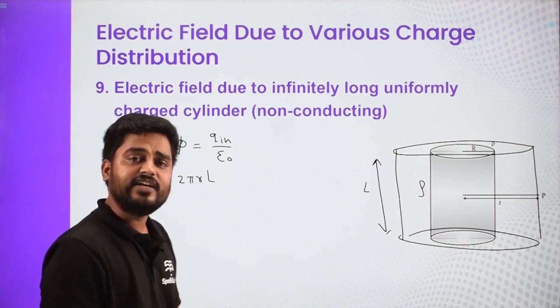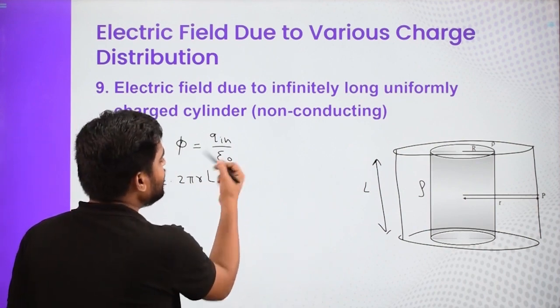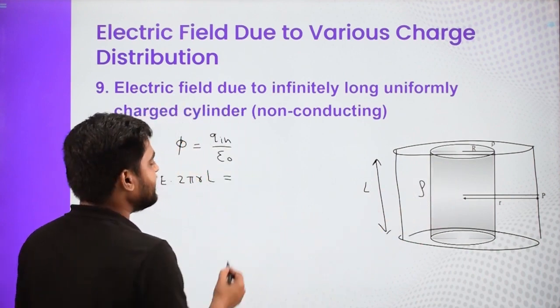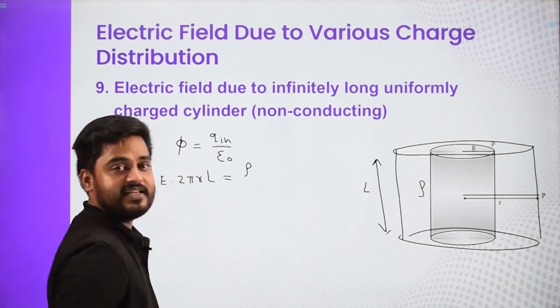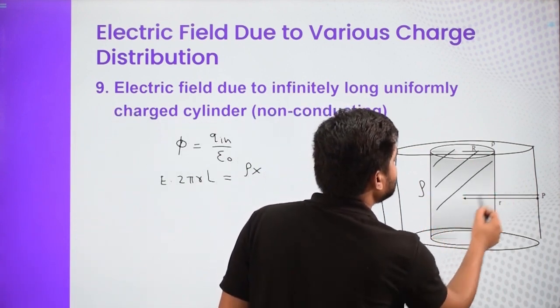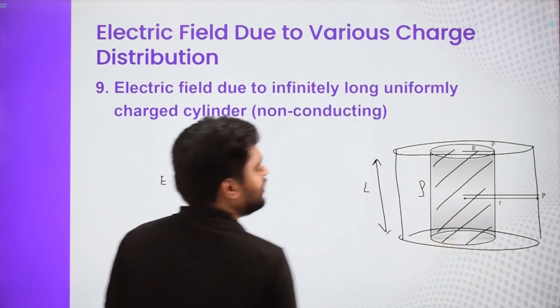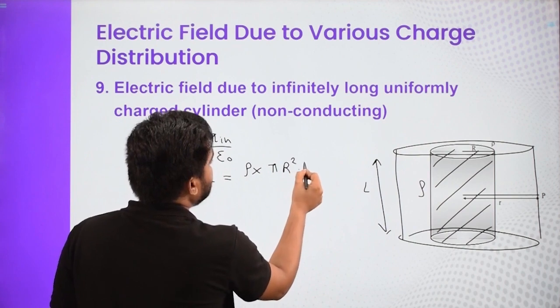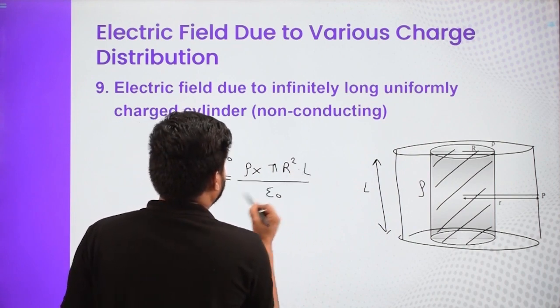Cos theta is basically cos 0 as usual, and Q in. So what is the charge which is inside that? Charge which is inside that is nothing but volume charge density into volume. But which volume? I have to take this volume because charge is lying only in this much of volume. So I will say that it is pi capital R square into L divided by epsilon naught.